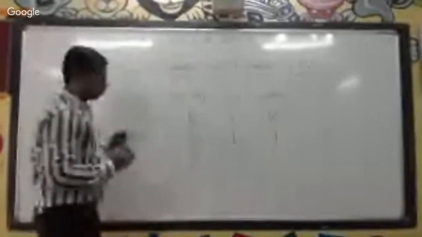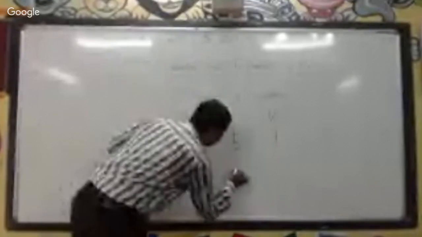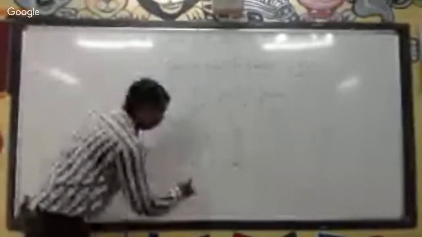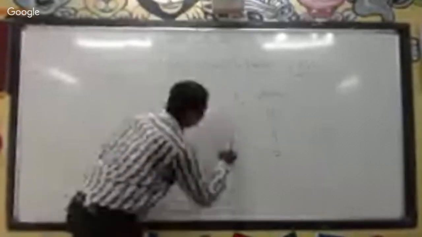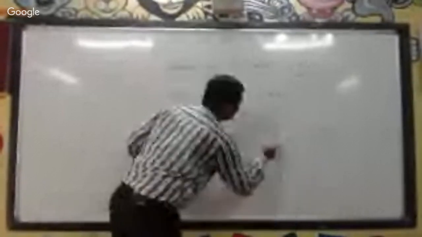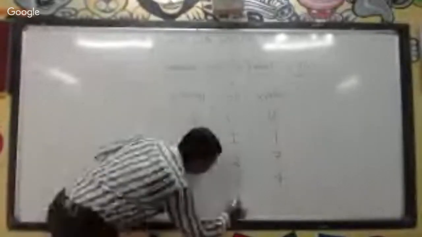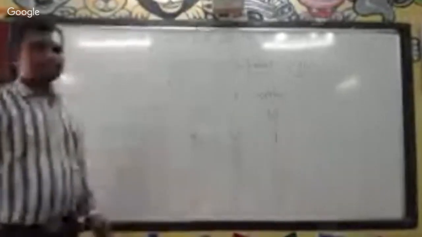Combination C, 2 units of corn, 7 units of cotton. Next combination D, 3 units of corn, 4 units of cotton. Next combination, 4 units of corn, 0 units of cotton.